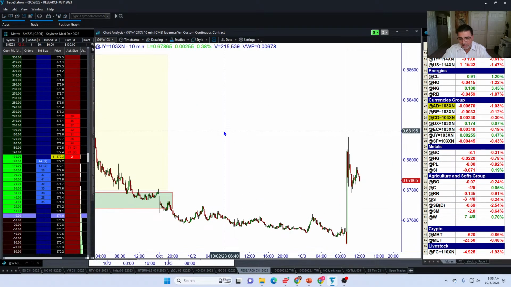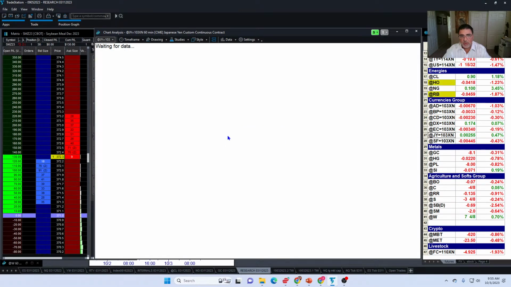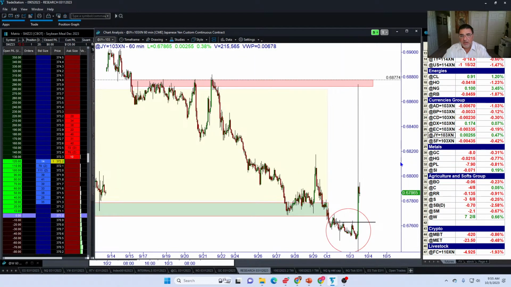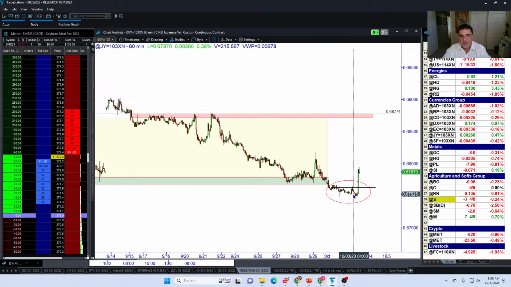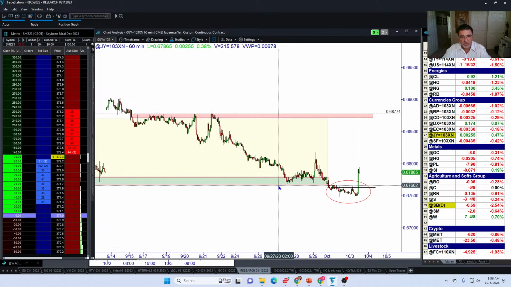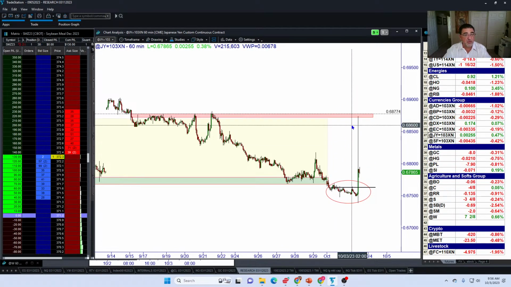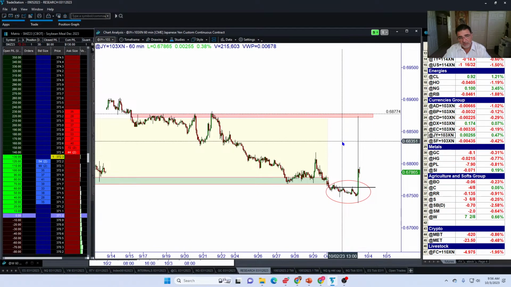The Japanese yen this morning had a pretty violent move. And we see that we had a fresh accumulation of orders being built below the support. Price broke back into that dead space and shot right through it because all the orders were filled up here.